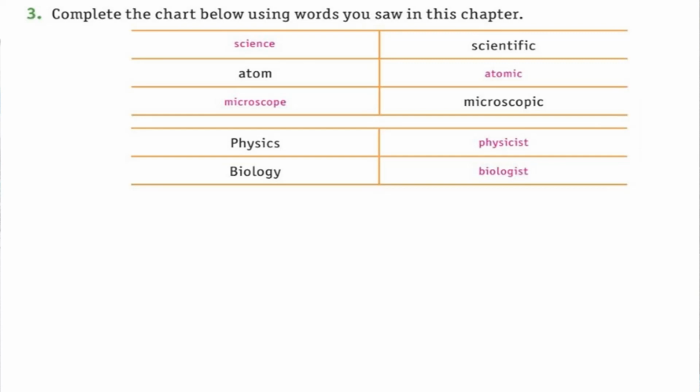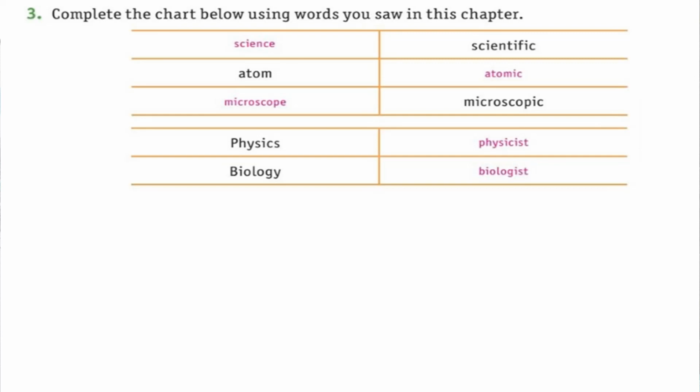So scientific, a similar word for this one is science. Atom, a similar word for this is atomic. Microscopic, a similar word is microscope, the instrument. Physics, an instrument, what do we have here? No, it's a science, so it's physics. We have a profession, physicist, it's a profession.